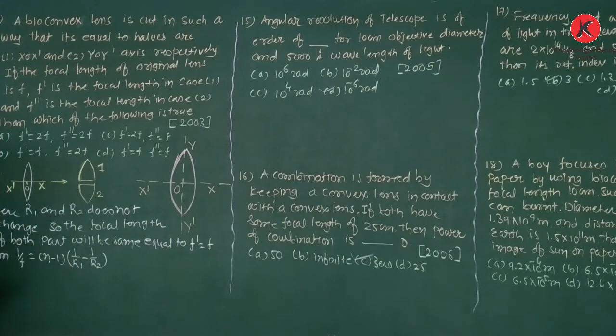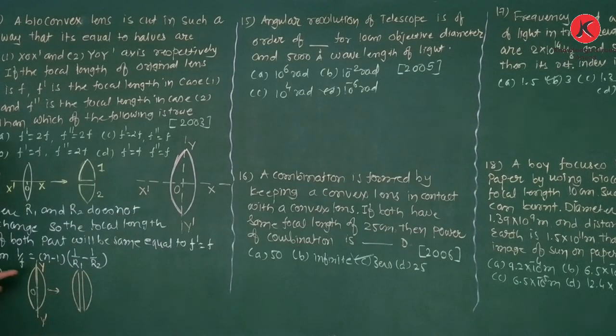Right? Okay. Now in section 2, we cut the lens in this manner. The lens is given like this way. We cut the lens like this, along Y, O, Y dash. As a result, we obtain two plano convex lenses like this, 1 and 2.